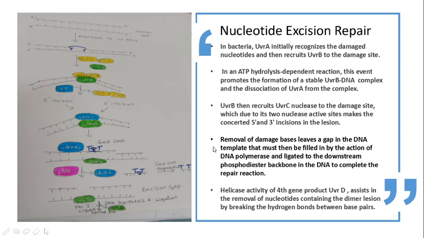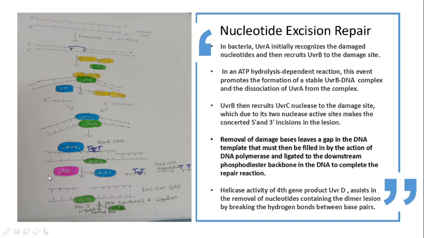Due to its two nuclease active sites, it makes concerted nicks, the 5' and 3' incisions, on the lesion. So the binding of UvrC with UvrB will induce a cut at the 3' end of the dimer, and it also makes a second cut at the 5' end of the damaged lesion.